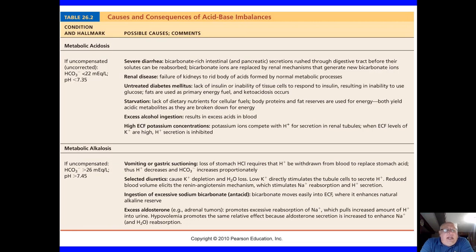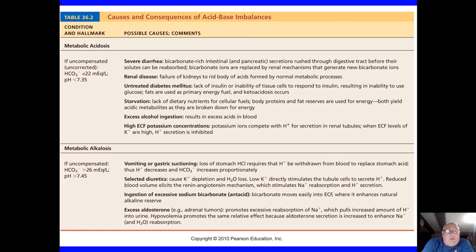So what happens here? In metabolic acidosis the pH drops below 7.35. The bicarbonate ions are less than 22 milliequivalents per liter, which is another way of saying a much lower amount of bicarbonate. Why? Because you're going to have the buildup of hydrogen ions.